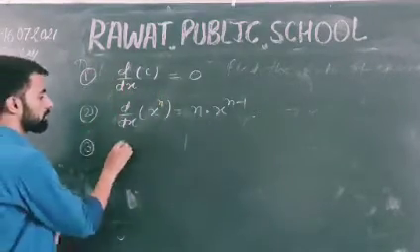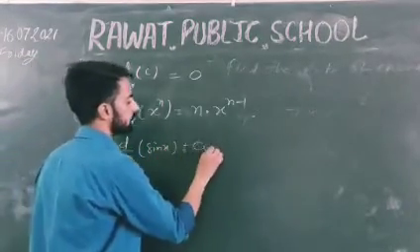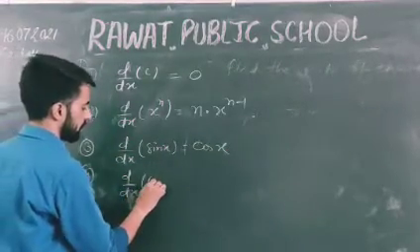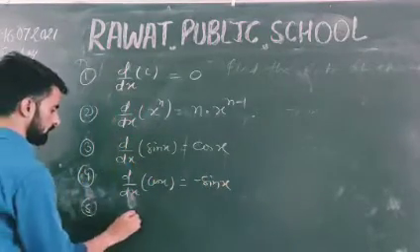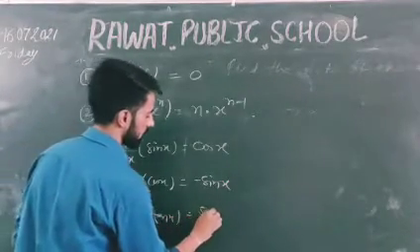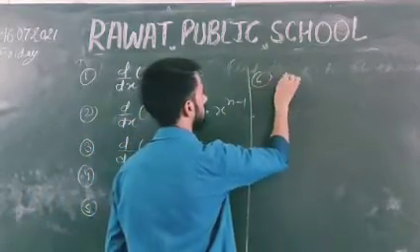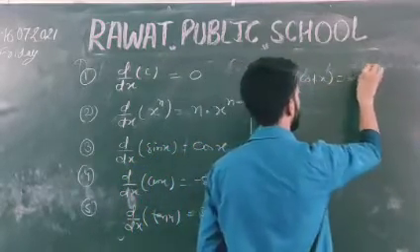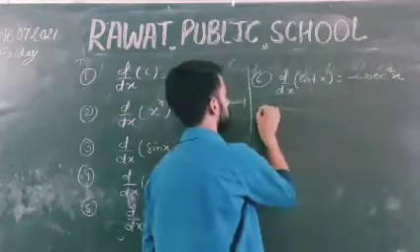Now if I talk about differentiation of trigonometric functions, sin x gives us cos x, cos x gives us minus sin x, and tan x gives us sec square x. The differentiation of cot x gives us minus cosec square x.